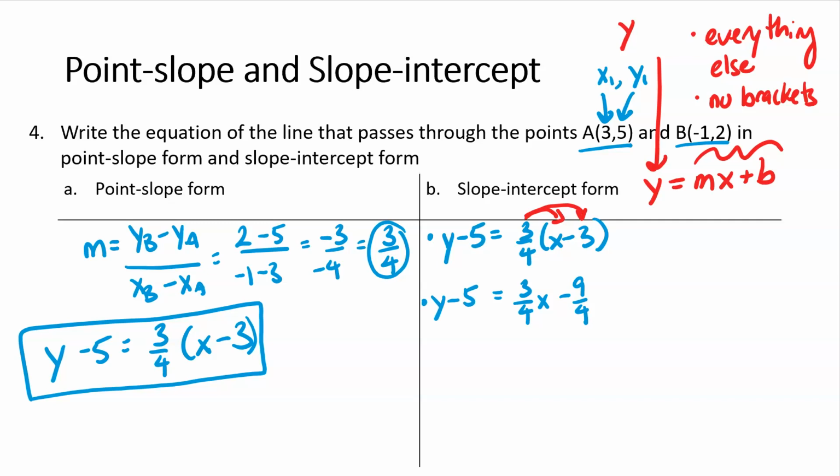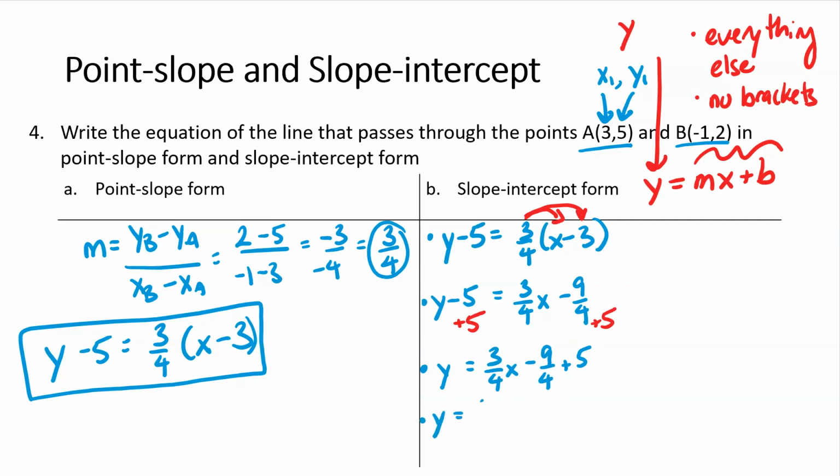Okay, next step, get y by itself. So what can we do for that? We can add 5 to both sides. Where we'll end up is y by itself equals 3 over 4x minus 9 over 4 plus 5. Now we need to add like terms, so we need to add these two numbers together. How can we add that? We have to add fractions.